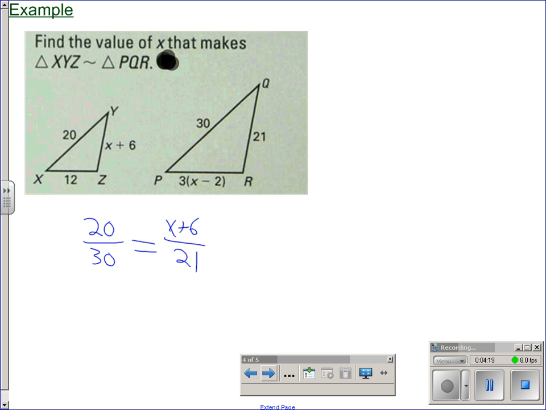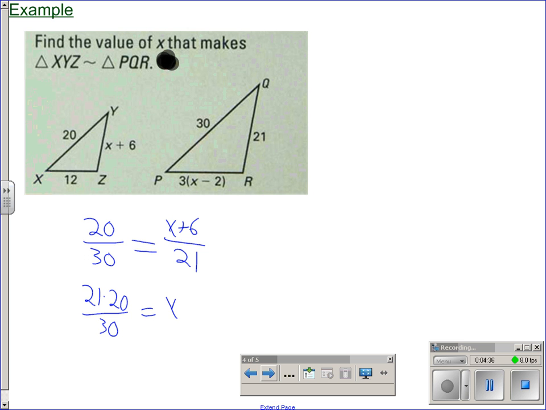And now it's just a matter of solving for x. This is the x value that will make these two ratios equal. So just doing some cross multiplying, 21 times 20 over 30.